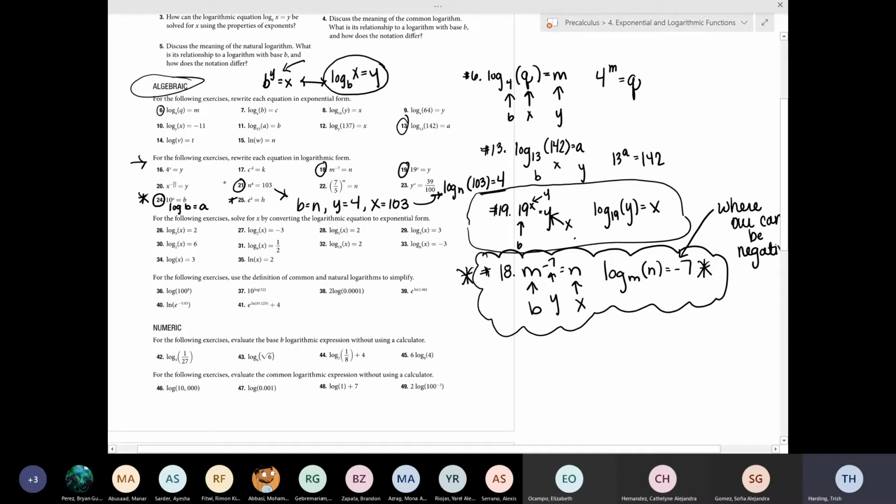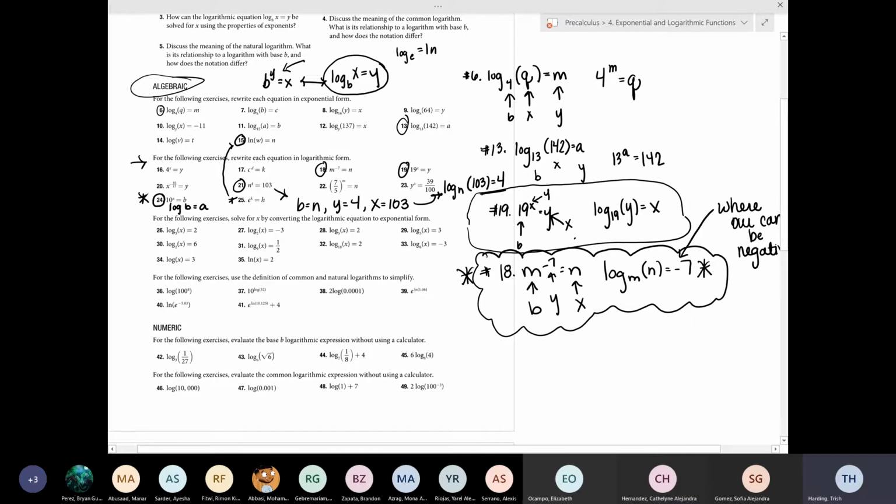This one is related to this one. When we have ln, what that means is that we have log to the base e. So log base e equals ln. If you have a base of e, you don't write log, you write ln.